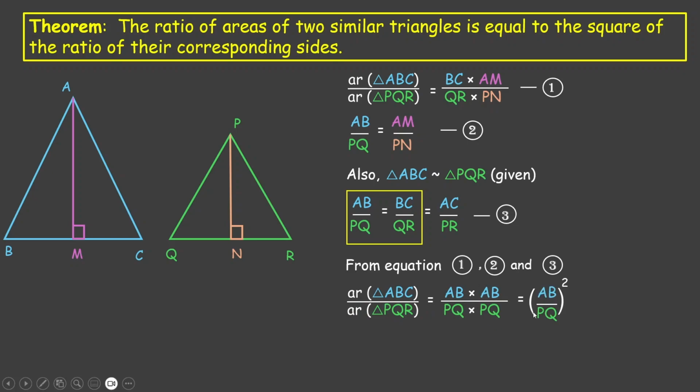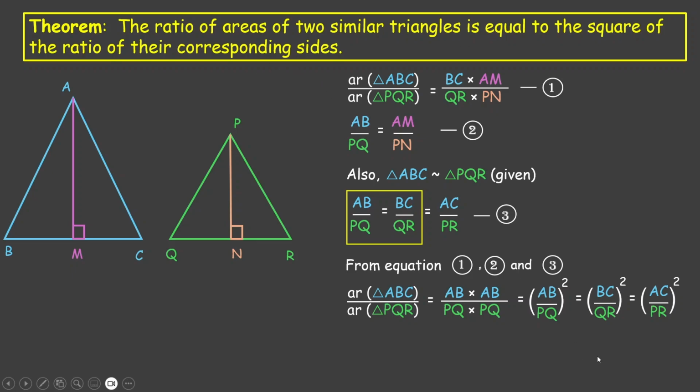That is AB upon PQ whole square. And since this is equal to BC upon QR, I can write it as BC upon QR whole square, equal to AC upon PR whole square. And this is exactly what we wanted to prove, that the ratio of areas is equal to the square of the ratio of their corresponding sides.